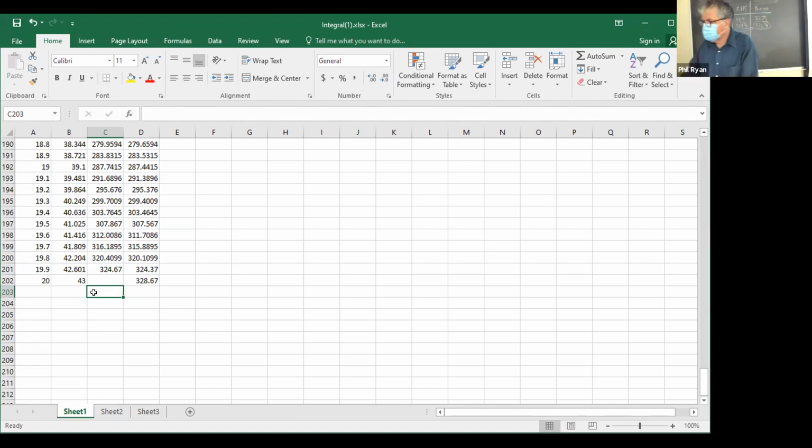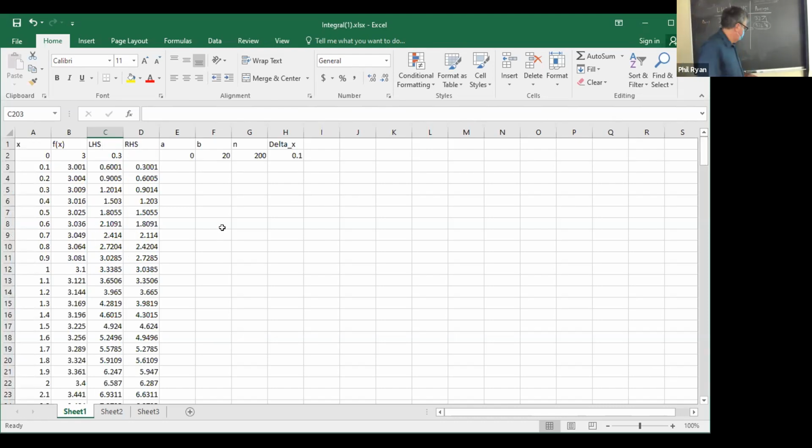Okay. So let's do another one. So how would I state the problem? I'd state the problem as something like: find the integral between 1 and 3 of e to the minus x squared dx.